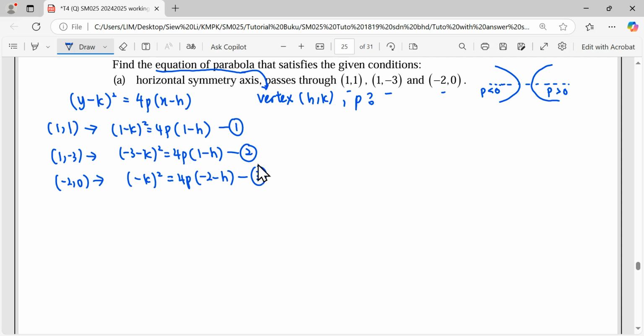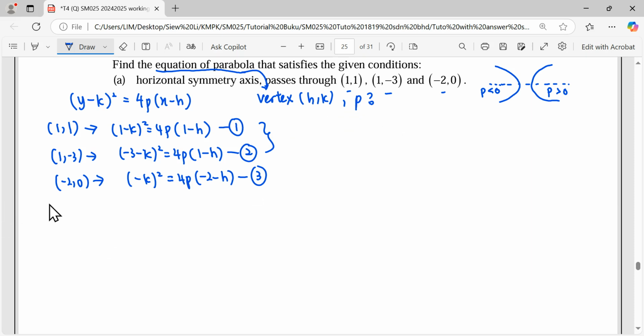So our method is to try to eliminate the same unknown. As you can observe in equation 1 and equation 2, p and h are the same, so we can eliminate p and h first and find the value of k. Once you find the value of k, you can get new equations to find p and h.